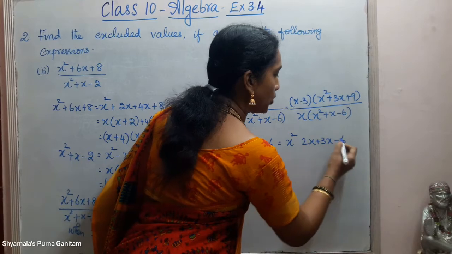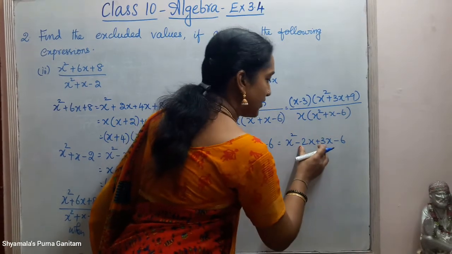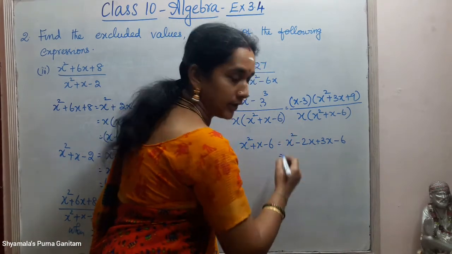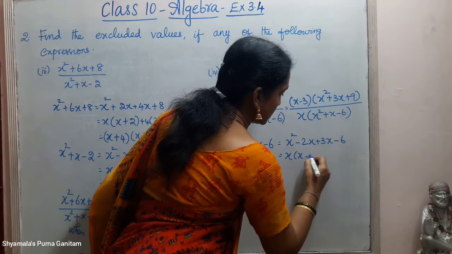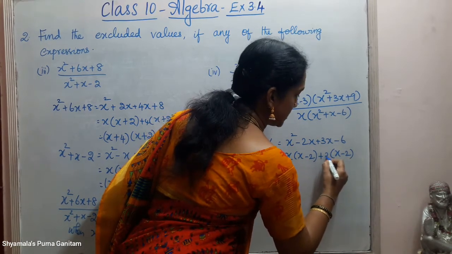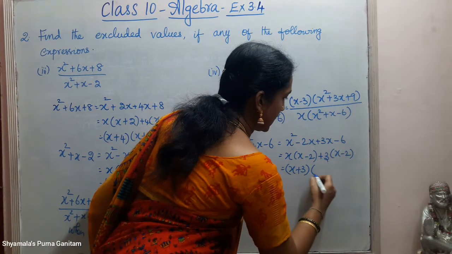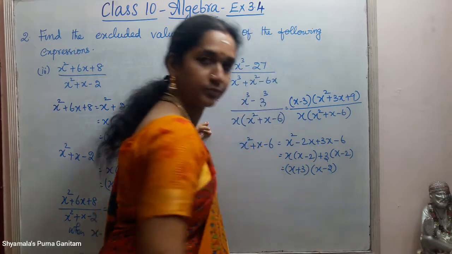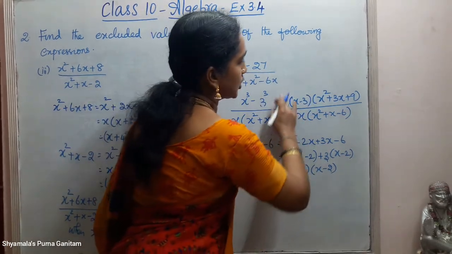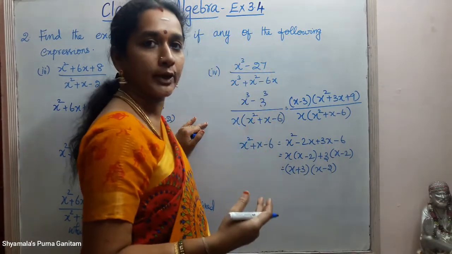Unlike signs, so a negative sign when we subtract. So this is equal to x into x minus 2, and if we need x minus 2, it is plus 3. So the factors are x plus 3 and x minus 2 for the denominator. So there is no possibility for us to reduce it into lowest terms.